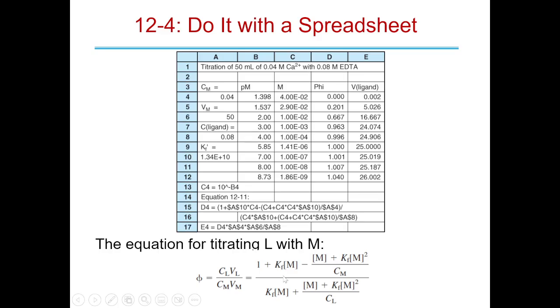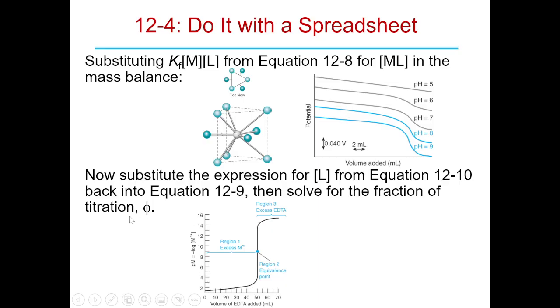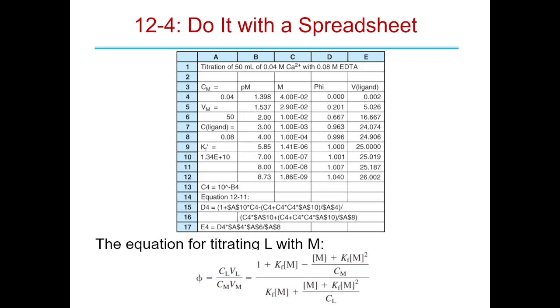And then this would be the substitutions that we made. If you do these calculations, either one of those, it would be the fraction of titration. How far along are you in the titration? You can do the same thing using a spreadsheet. This being phi right here.